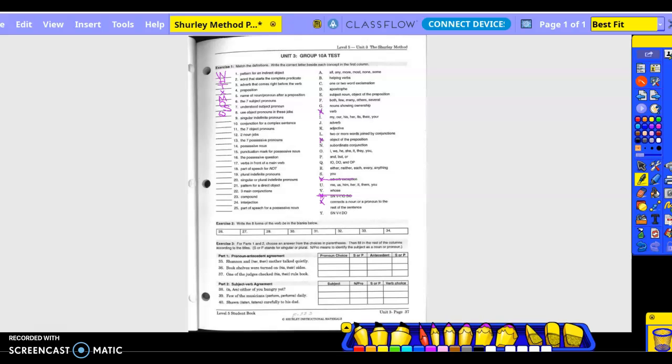Okay, the letter R. Number 10, conjunction for a complex sentence. What type of conjunction is it? Letter N, a subordinate conjunction.